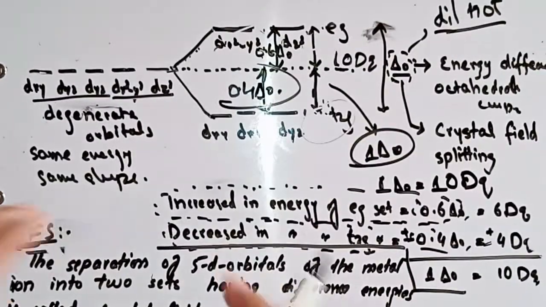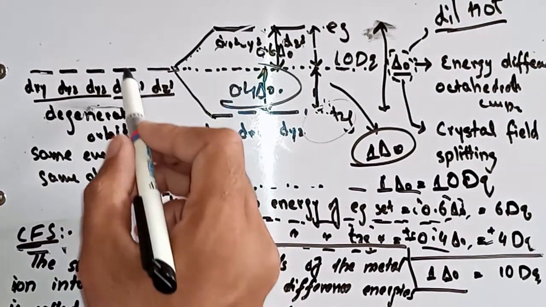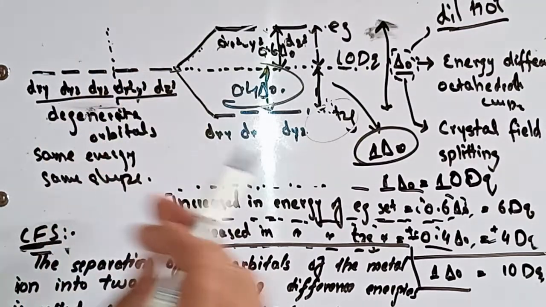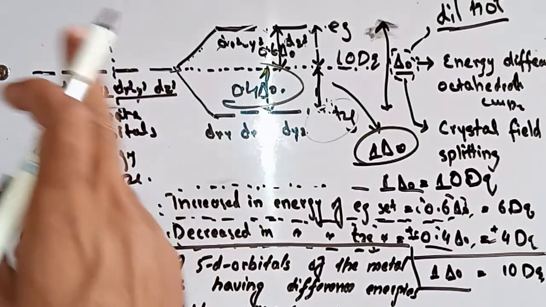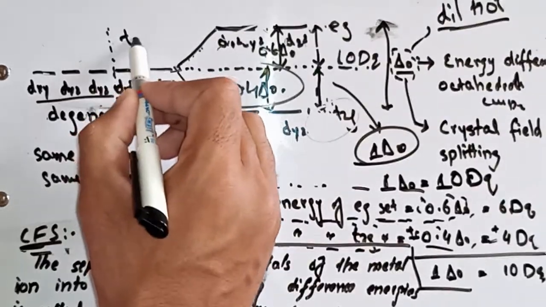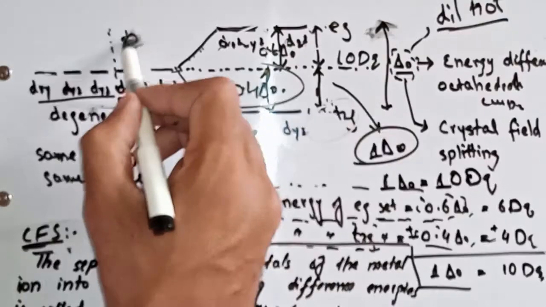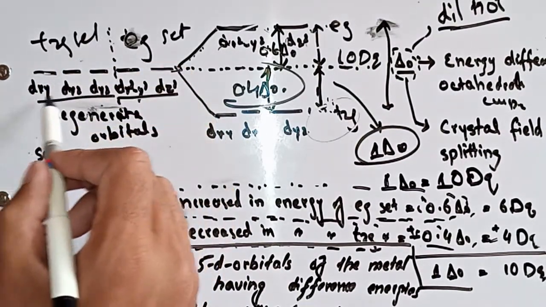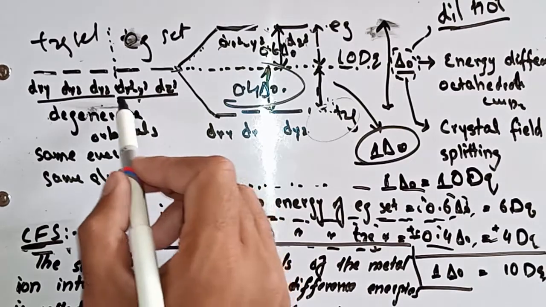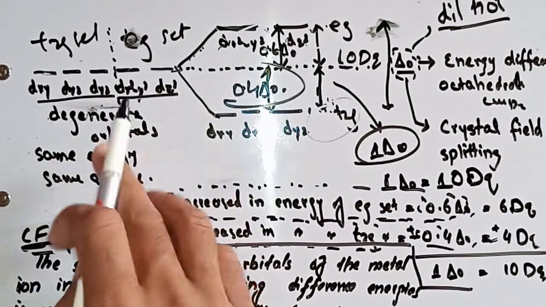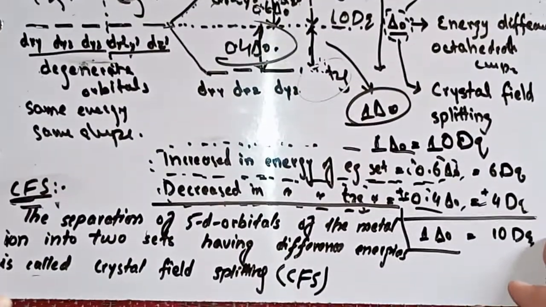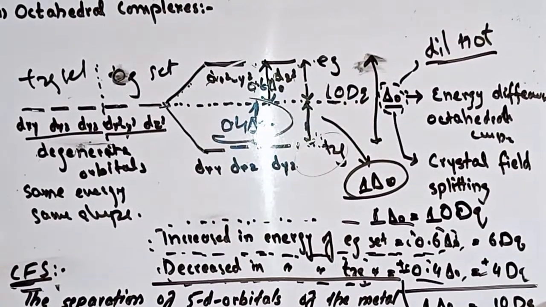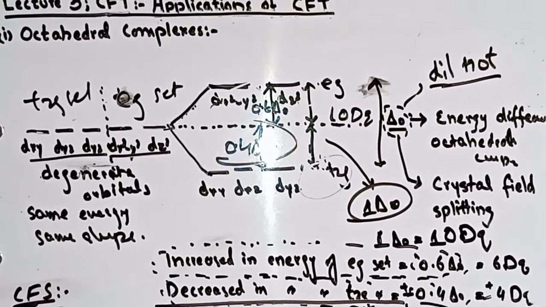CFT can be applied to octahedral complexes, where the T2g set includes dxy, dyz and dxz, and the Eg set includes dx square minus y square and dz square. This is the application of crystal field theory to octahedral complexes.